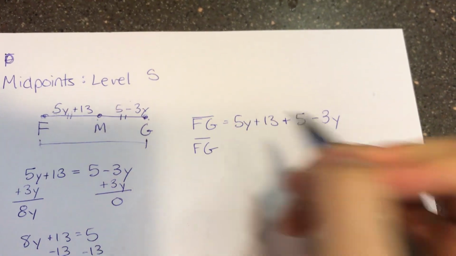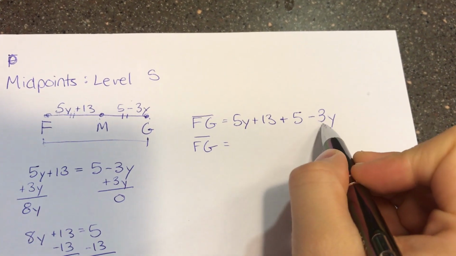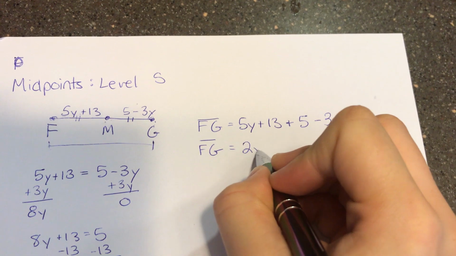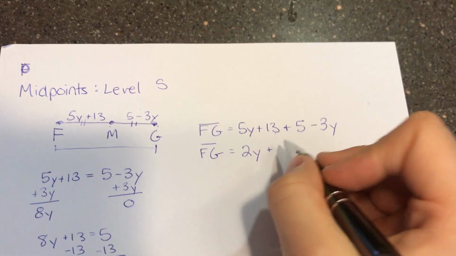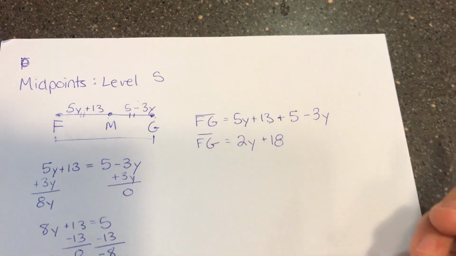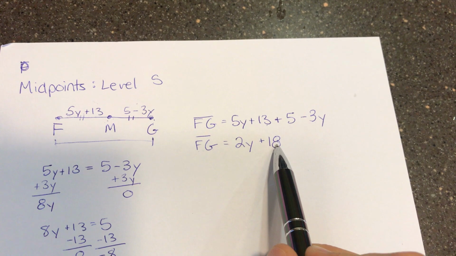FG, line segment FG, is equal to 5y minus 3y is 2y, plus 13 plus 5 is 18. So FG is equal to 2y plus 18.